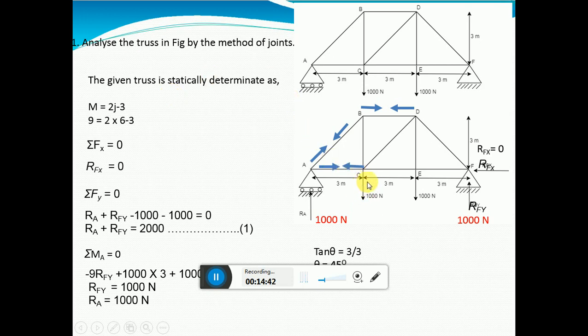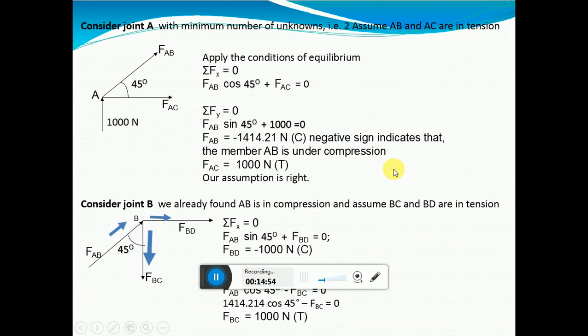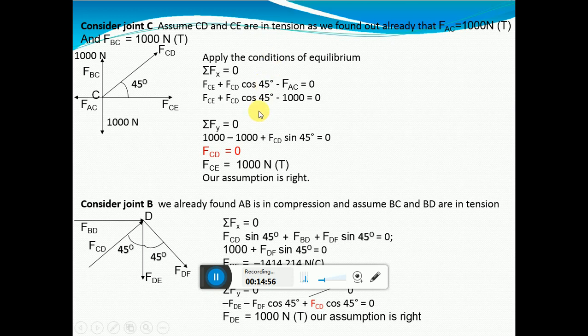Also there is 1000 Newton force acting at the joint C, even that you should consider. Here all the forces I am assuming tension, so it is moving outside the joint C. And also there is 1000 Newton force acting downwards.